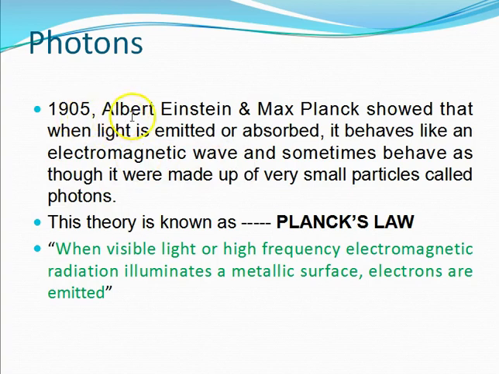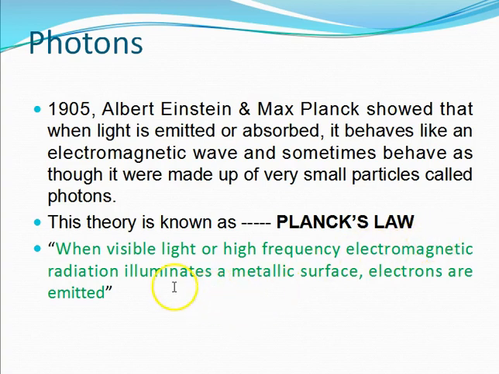Photons. In 1905, Albert Einstein and Max Planck showed that when light is emitted or absorbed, it behaves like an electromagnetic wave and sometimes behaves as though it were made up of very small particles called photons. This theory is known as Planck's law.